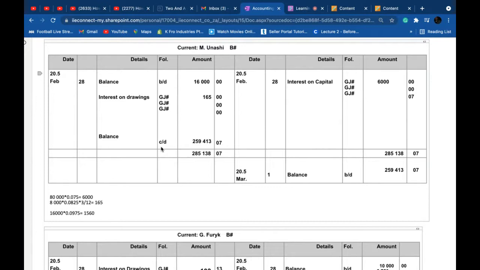Well, one thing we know is that Unashi has a debit balance of 16,000. Is that a good thing or a bad thing? It's a bad thing. So are we going to penalize or reward? We're going to penalize. So what do we do when we penalize? We debit, okay?